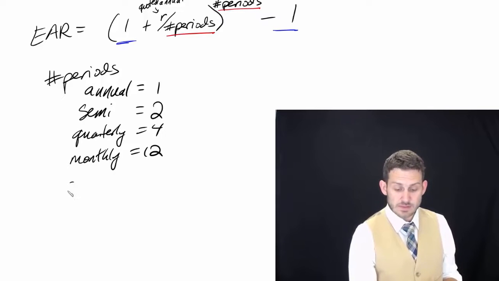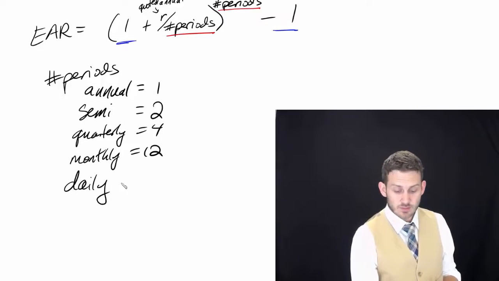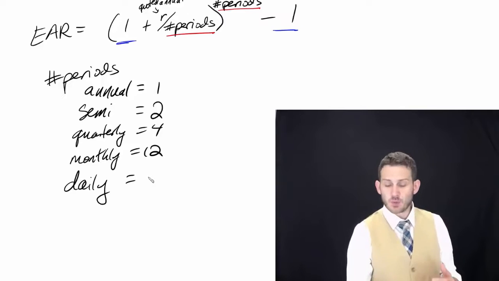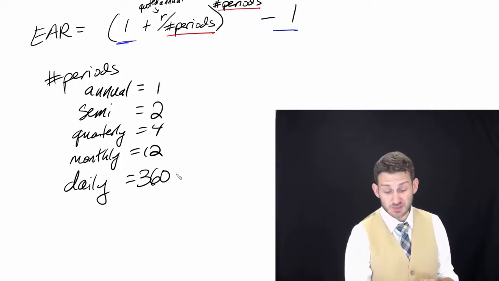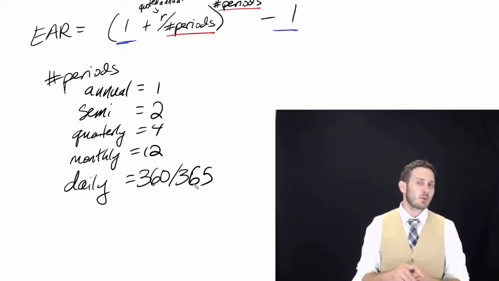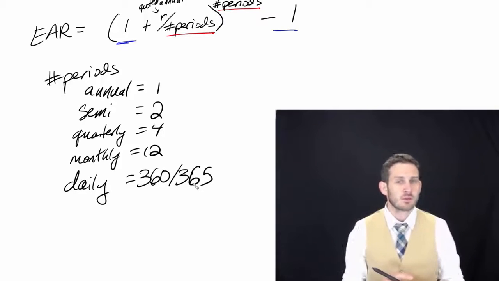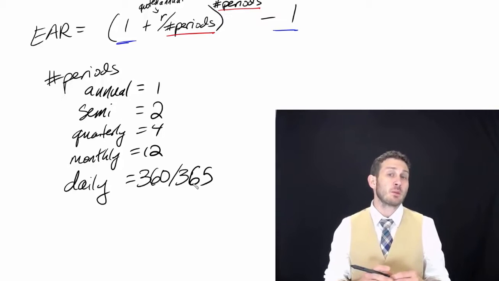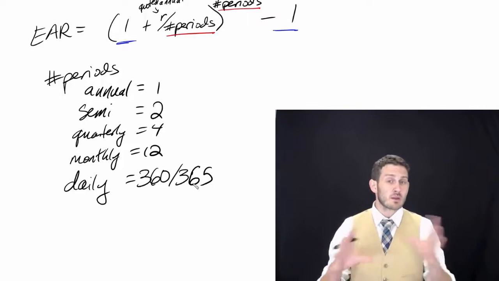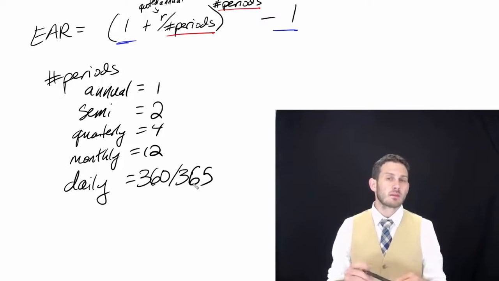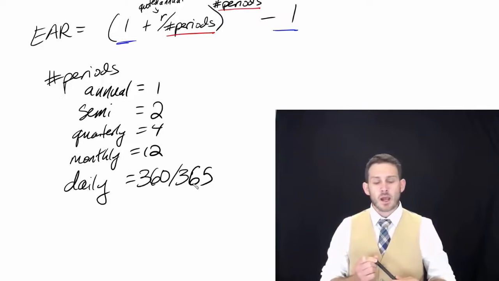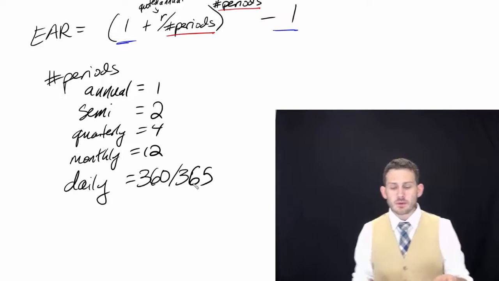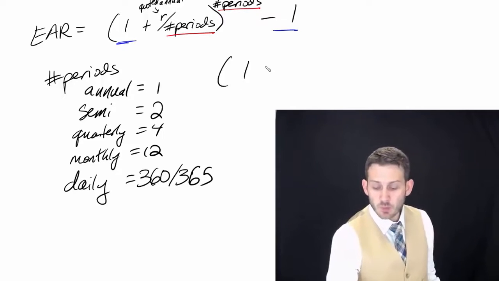And if we go daily, in finance, typically we're going to end up using 360, but generally speaking, you can use 365. It doesn't really make that much difference in the calculations themselves. But generally speaking, in finance, we use the number 360 just because it's evenly divisible, and it makes things a little bit clearer.